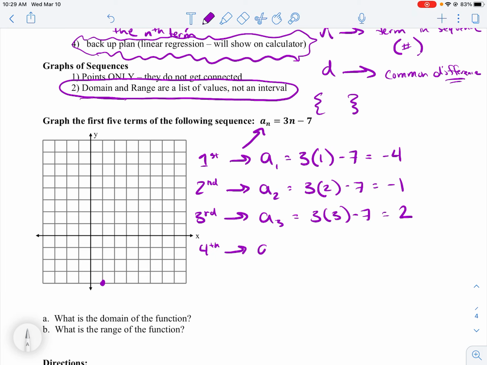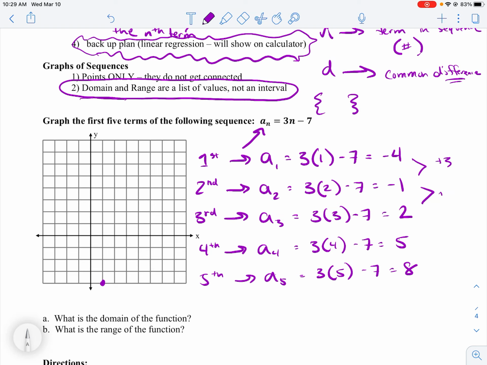Fourth term, and get a 5, and our fifth term gives us an 8. So as you can see, we're increasing by 3 each time. All right, so let me graph these.